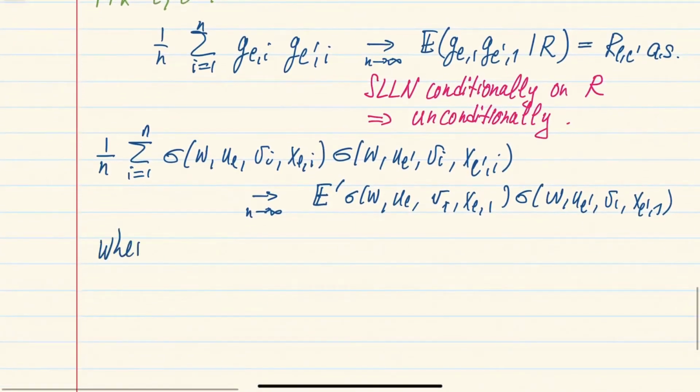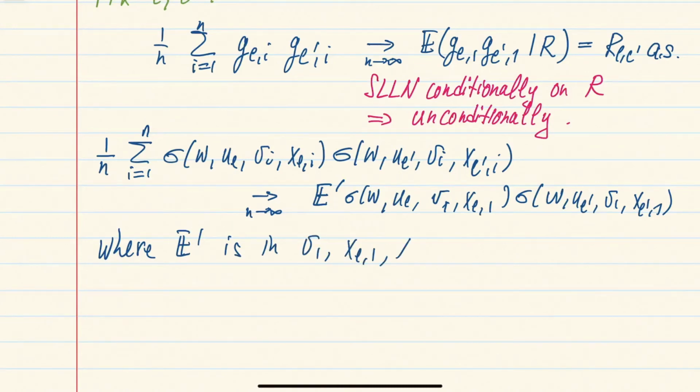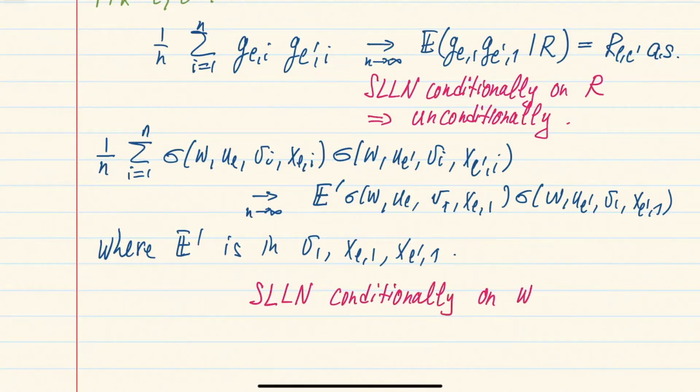Where, let me emphasize, this expectation E' is in V1, XL1, XL'1. And so again, the above convergence just follows first from the strong law of large numbers conditionally on W, UL, and UL'. But as we said before, this also implies unconditional, almost sure convergence.